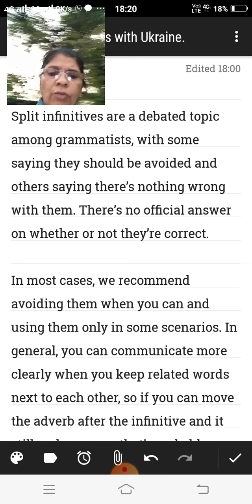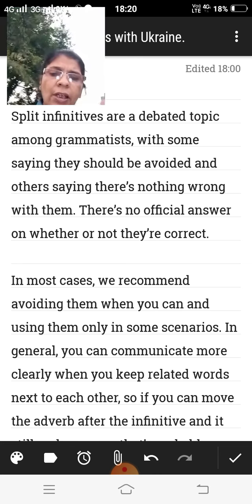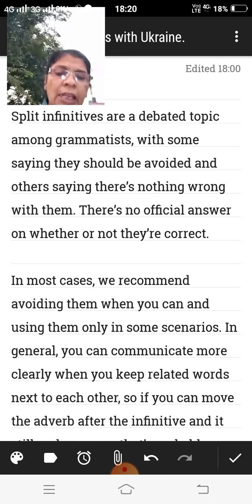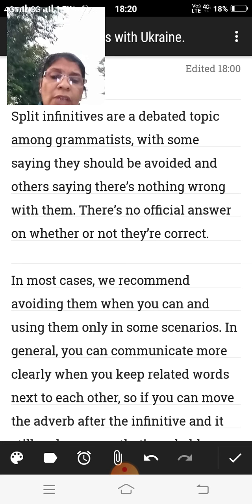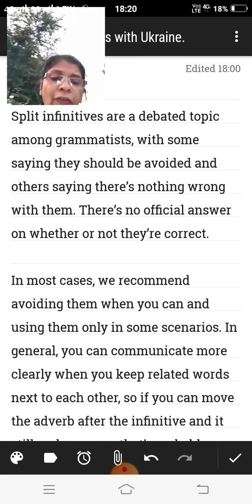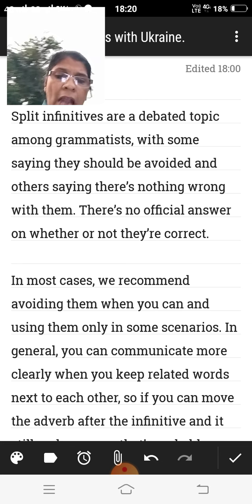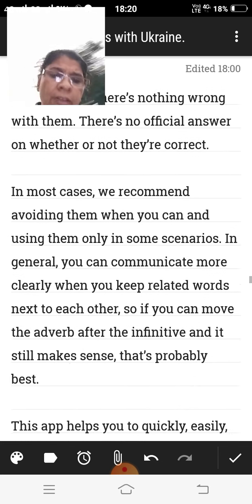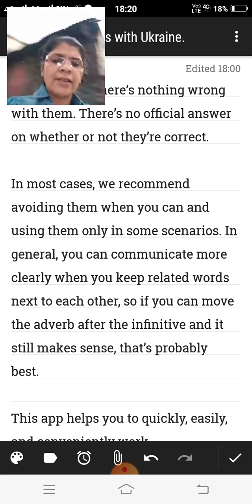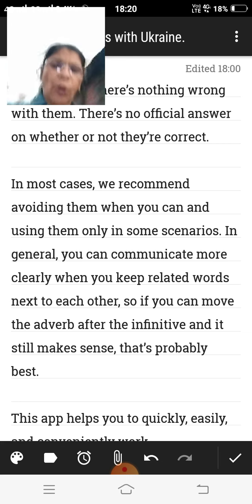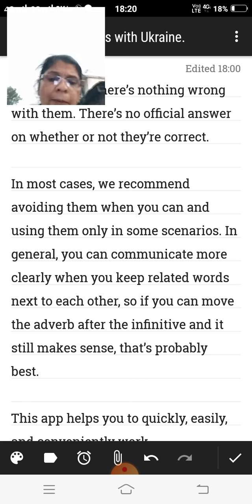In general, you can communicate more clearly when you keep related words next to each other. So, if you can move the adverb after the infinitive and it still makes sense, that's probably best.